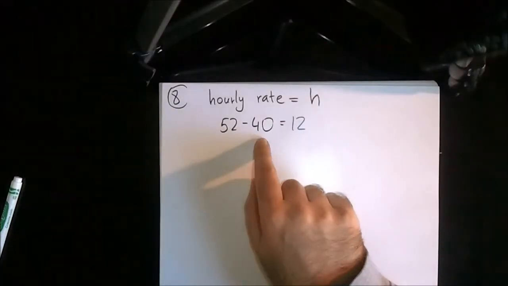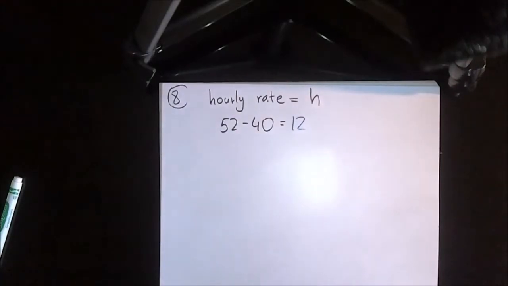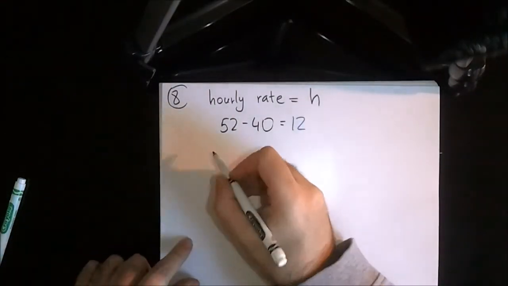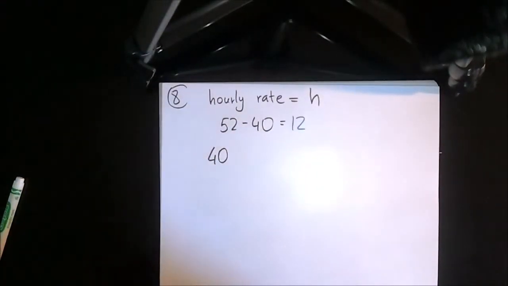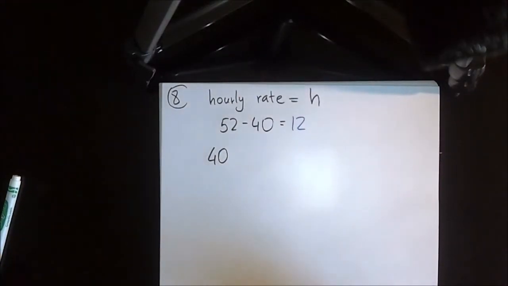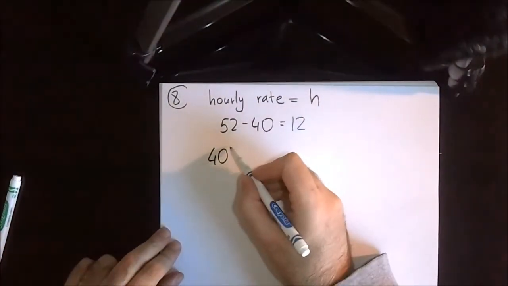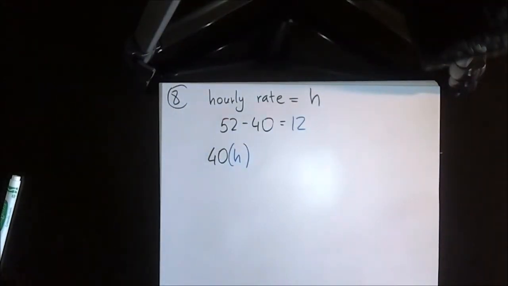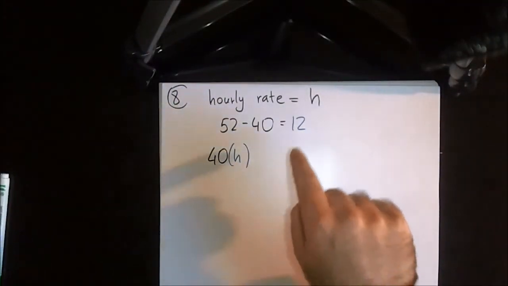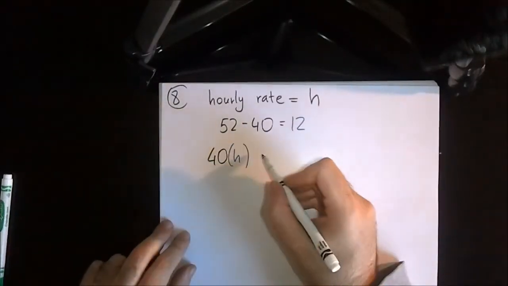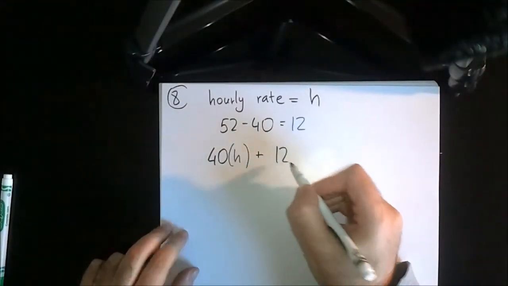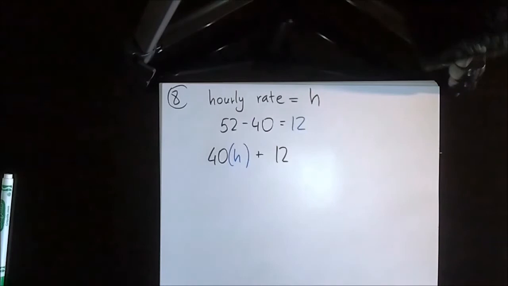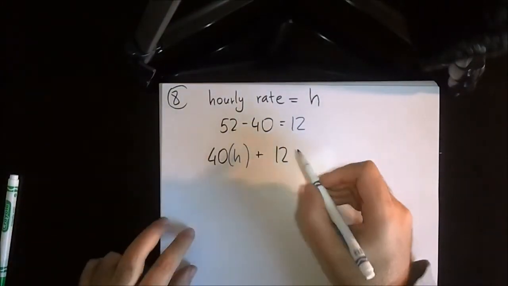So Linda worked 40 hours at her normal rate. So we're going to write that as 40 hours times her normal rate, whatever that may be, her hourly rate, times H. Then she worked 12 hours, an additional 12 hours, but she worked these hours at double her rate.